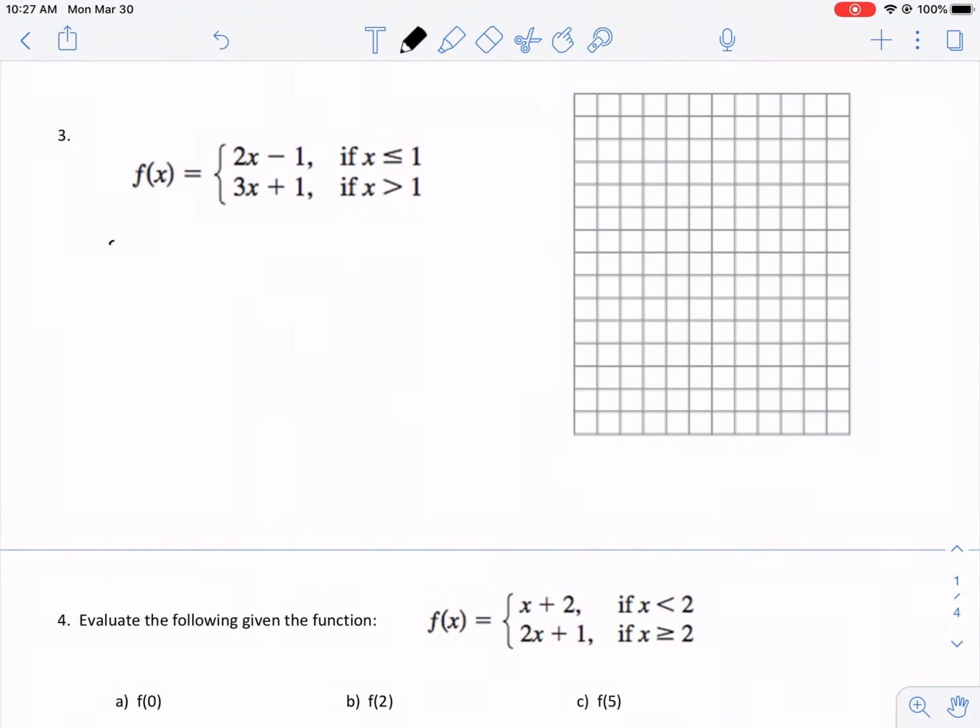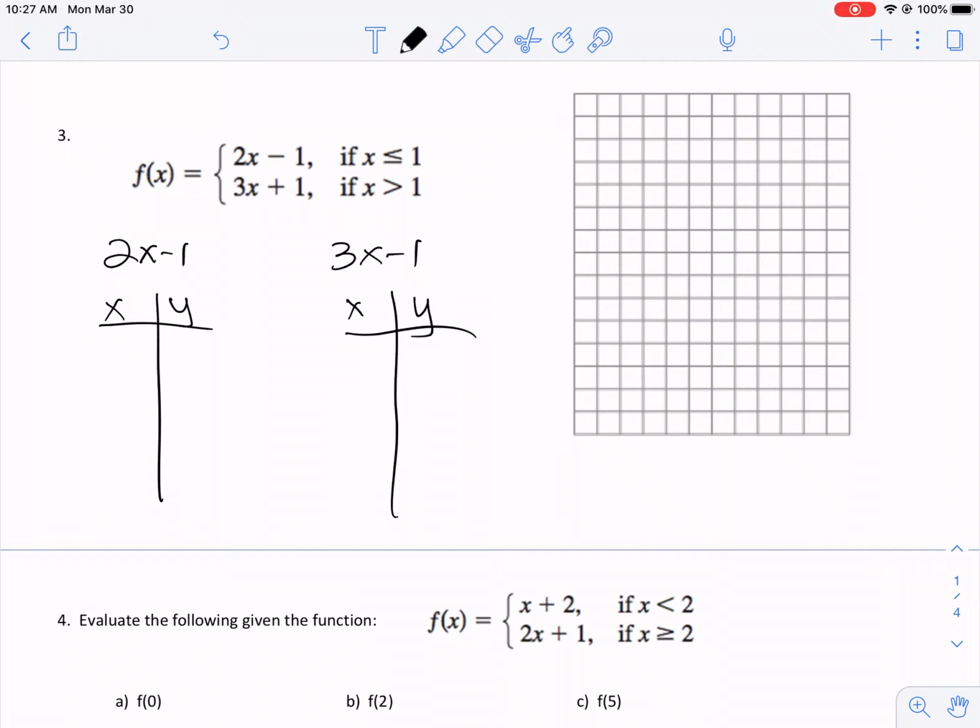Alright, another piecewise. They have x's in them. That means we're going to go get tables. And for x values less than or equal to 1, so I do not circle my thing. Okay, and then this is for values greater than 1. So open circle on the 1.